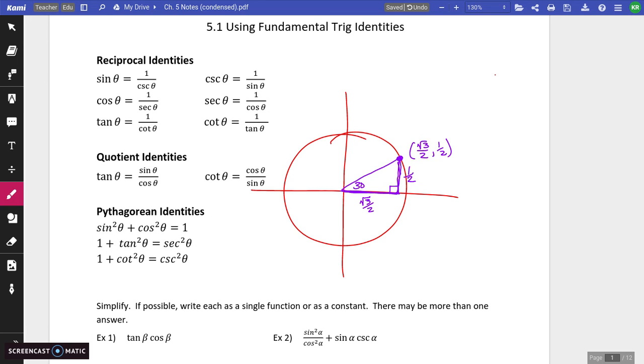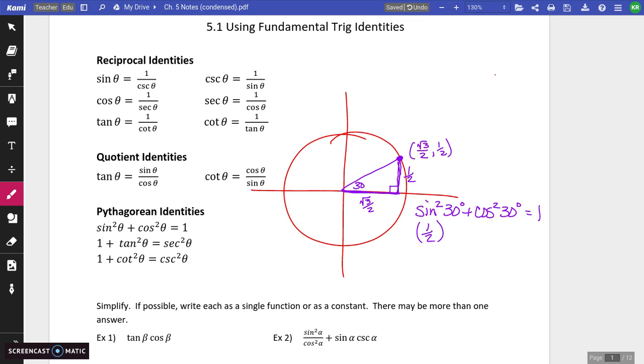All right. So if we look at this first Pythagorean identity, the sine squared of theta plus cosine squared of theta equals 1. If we take this 30-degree angle, we do the sine squared of 30 degrees plus cosine squared of 30 degrees, and that equals 1. Well, back to my unit circle, the sine of 30 degrees is going to be 1/2.